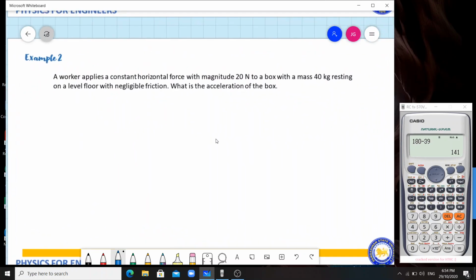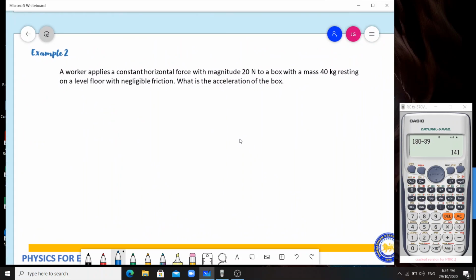Okay? So, in example number 2, a worker applies a constant horizontal force with magnitude 20 Newton to a box with a mass 40 kilogram resting on a level floor, with negligible friction. So, sabi niya, meron siyang box, and then a worker applied 20 Newton force.